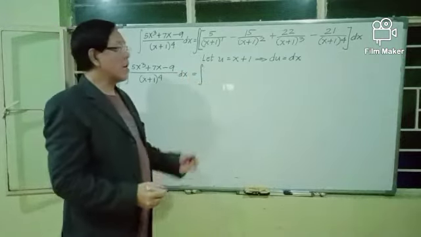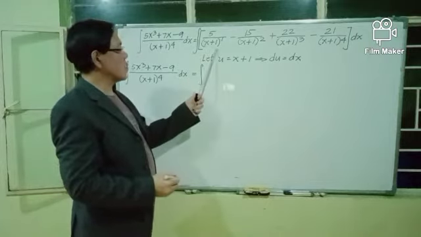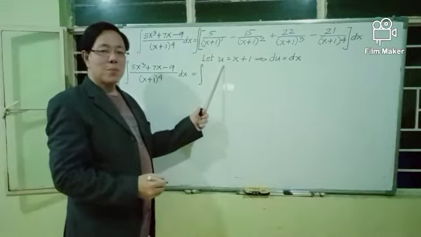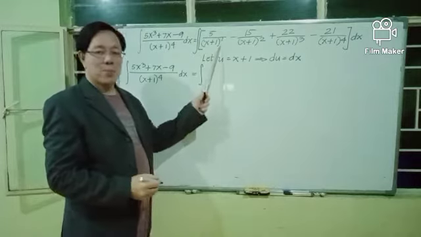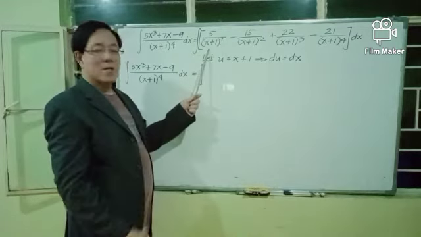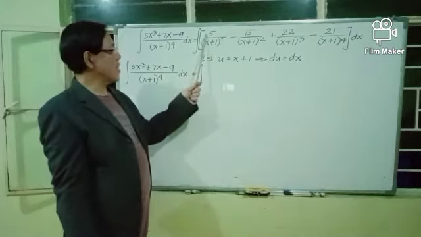The right hand side now is 5 over x plus 1, which is u, and u raised to 1 is u. Hence, the first term at the right hand side is simply 5 over u.